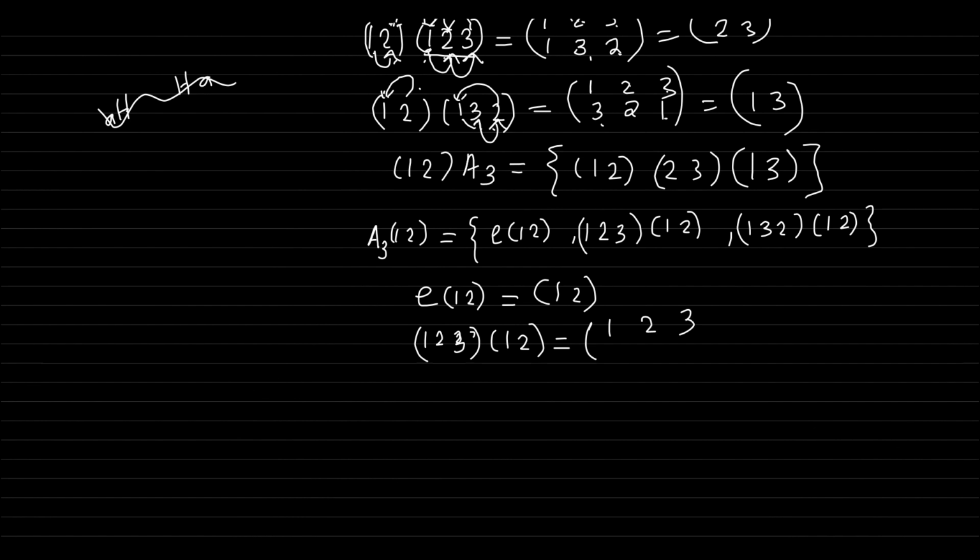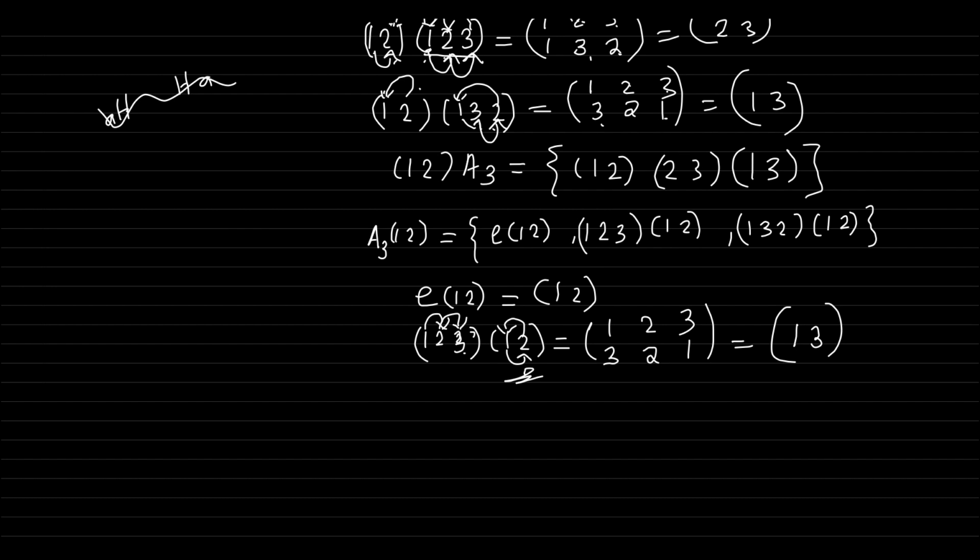Here 1 maps to 2, and in the first cycle 2 maps to 3. So here 3. Here 2 maps to 1, and in the first cycle 1 maps to 2. So here it is 2. And in this cycle 3 maps to 3, and in the first cycle 3 maps to 1. So this is 1, and this is equal to the cycle (1 3).